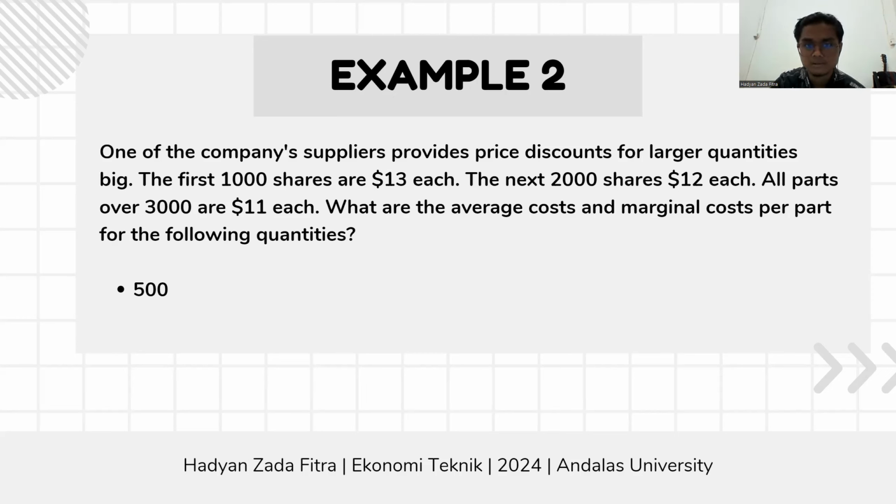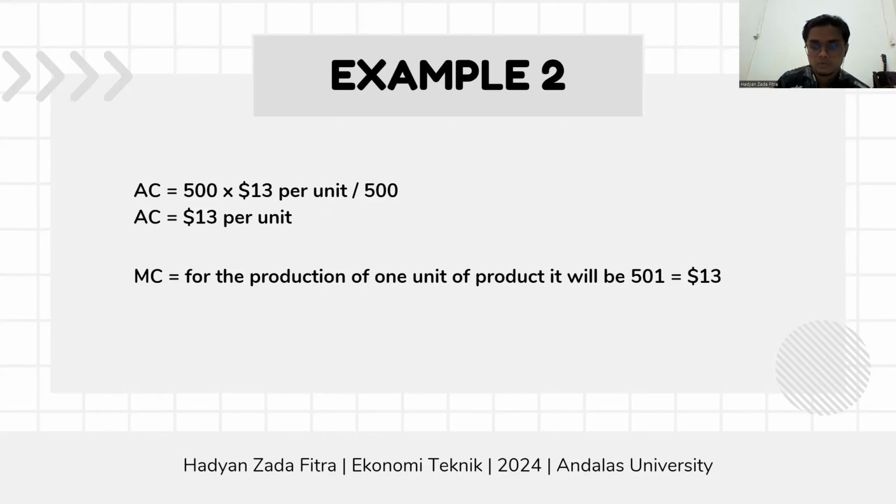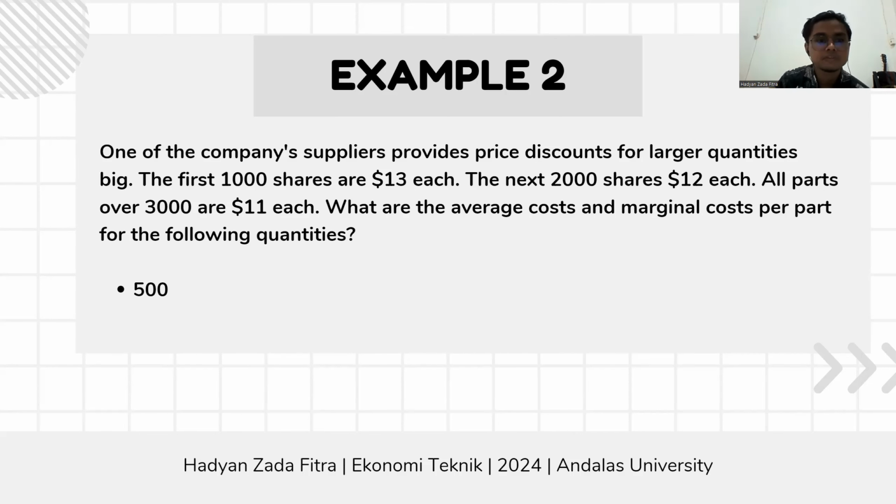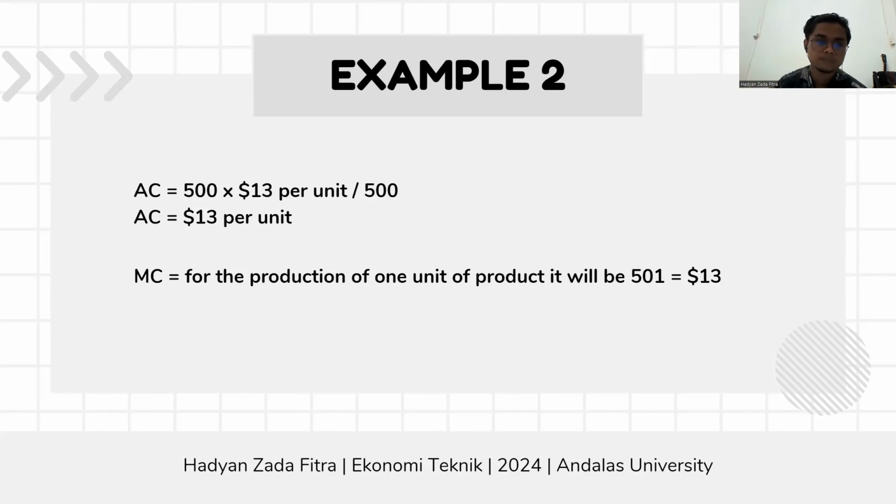So in this case, we have to find the average cost and marginal cost per part for a quantity of 500. For the average cost, we use this formula: 500 times $13 per unit, over 500.